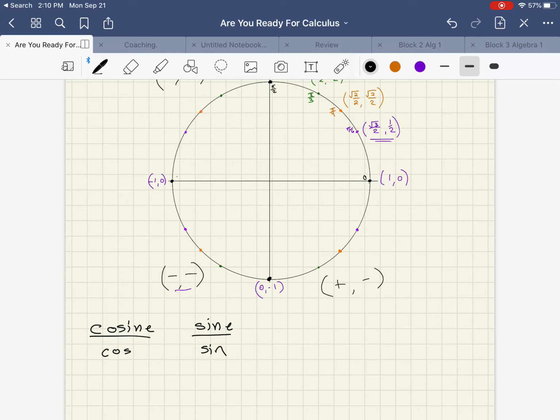Very simply, if I take the cosine of an angle, okay, this is not your typical right triangle trigonometry piece.